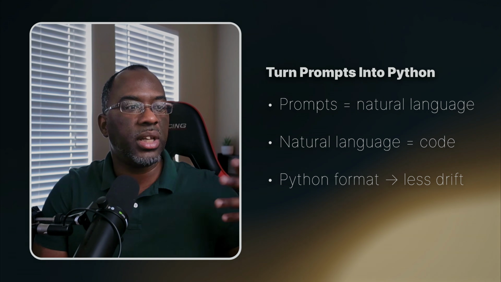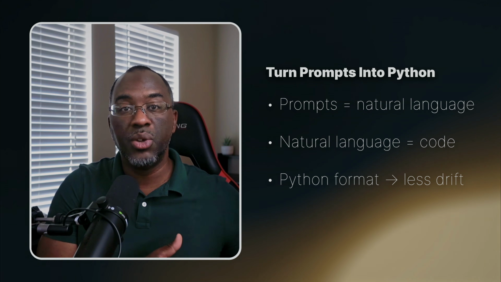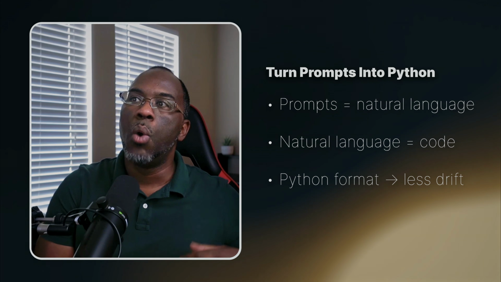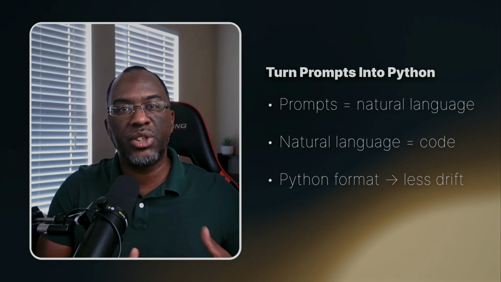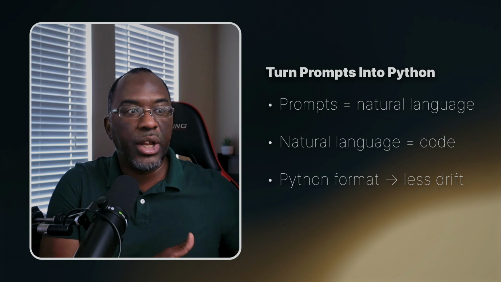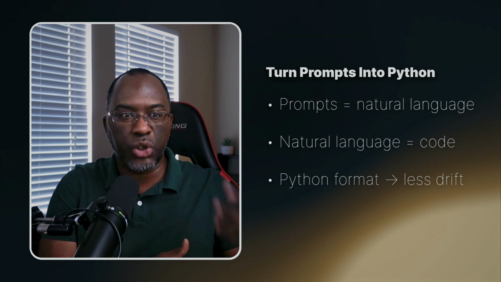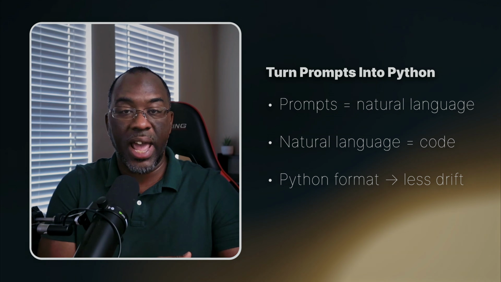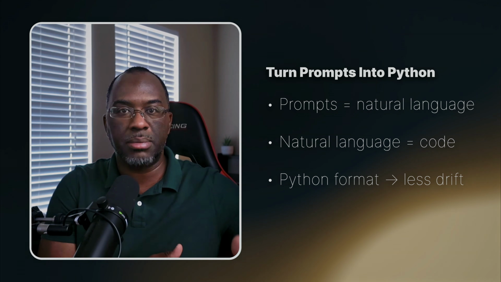And so when you start looking at all of these different languages that you can use to communicate with a large language model, I started to think, well, what if I took a natural language prompt and I formatted it as a Python script in order to create a more deterministic or reliable workflow for an AI agent, so I knew it would take the steps it was supposed to take.